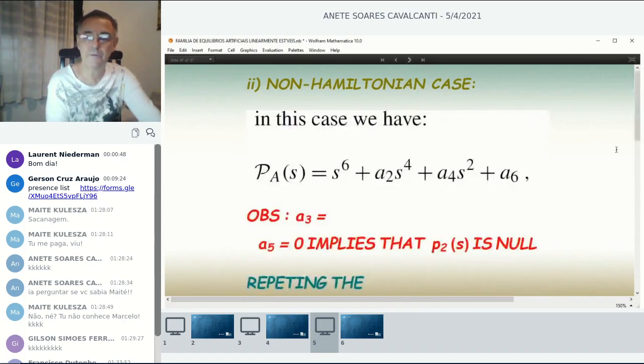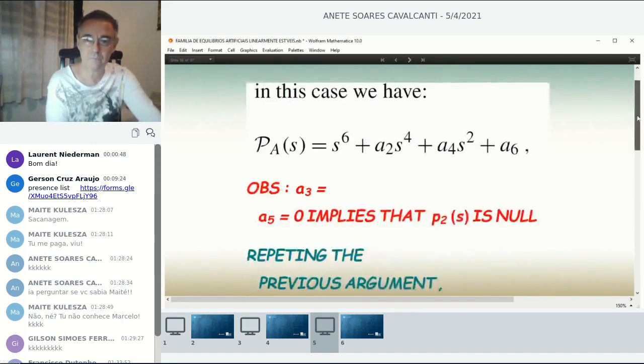And when we do this, we repeat the same procedure as before, and we get a polynomial of 6th degree. And we substitute S by iS again, searching for pure imaginary solutions. And we break this polynomial again into two polynomials.